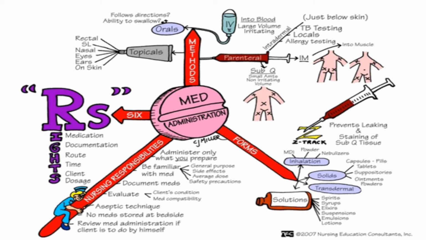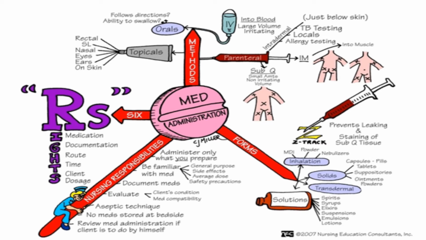You've got your topicals, and topicals are given rectal, sublingual, nasal, in the eyes, the ears, on the skin. Then on the other side, you have an IV, and it goes into the blood. A large volume medication, and it can be irritating to the vein.